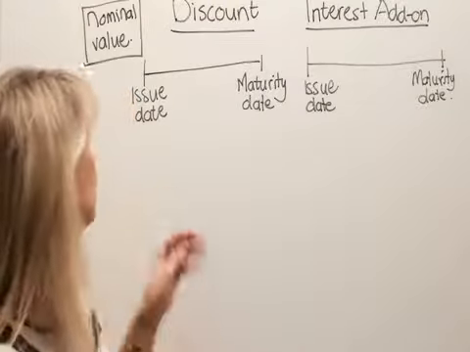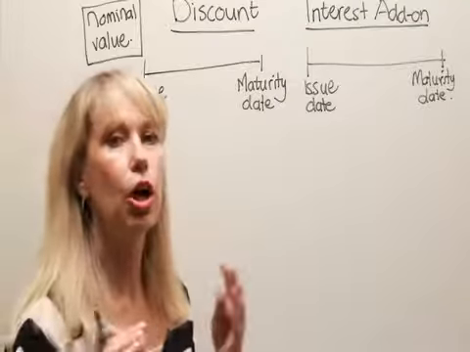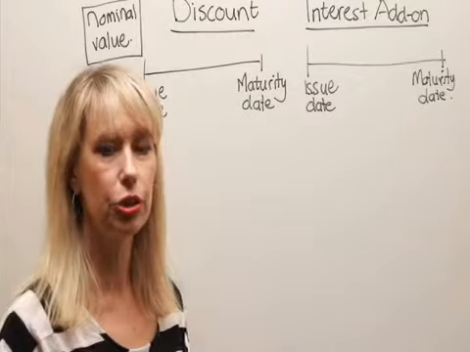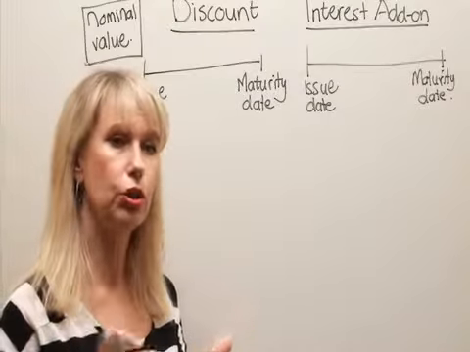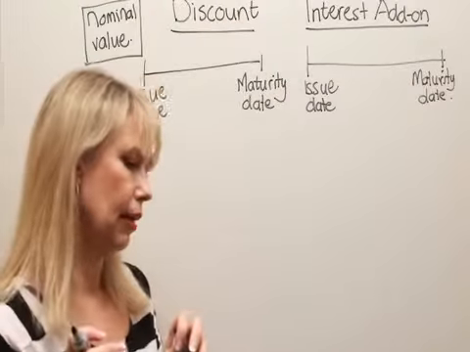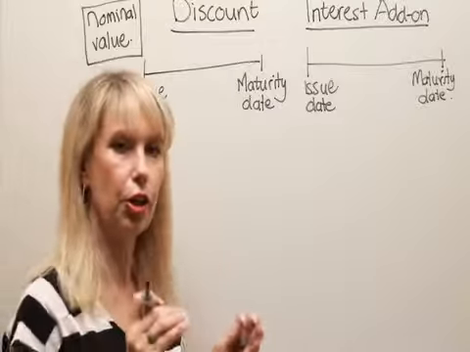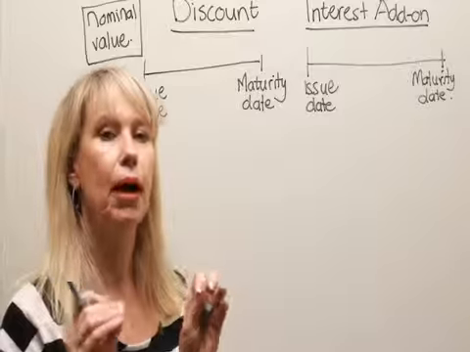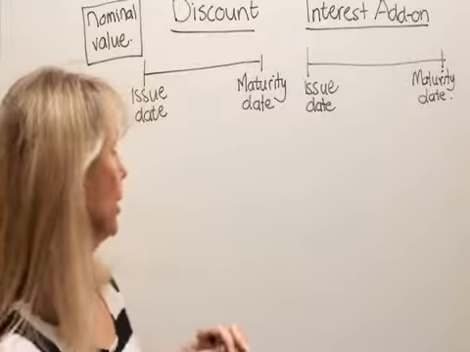Now, nowadays, all instruments are not printed any longer. You don't have a print out of your instrument. It just may belong to you because there is a contract on a computer. But still, the nominal value will be that amount that will appear on the contract.